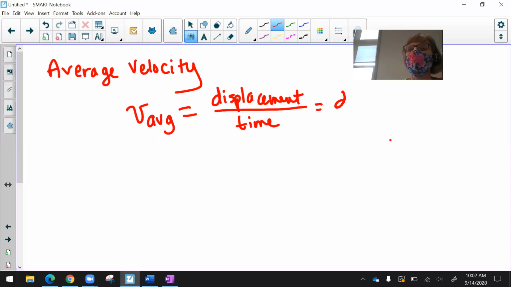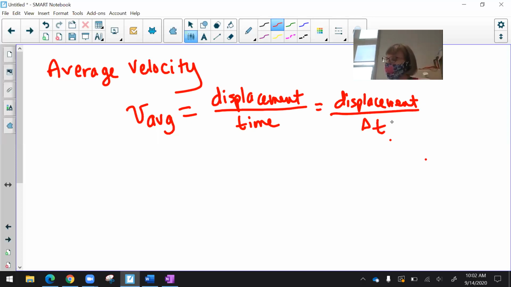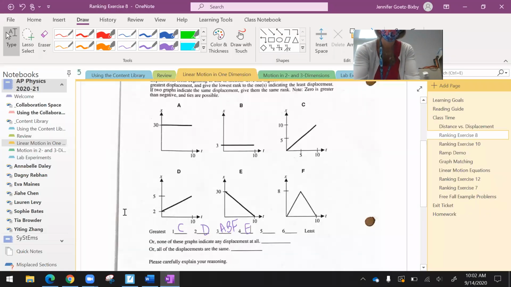So I might write this again as displacement over delta t, okay? So if average velocity is going to be the displacement over the amount of time it takes us to do that displacement, let's look back at these graphs for a minute.